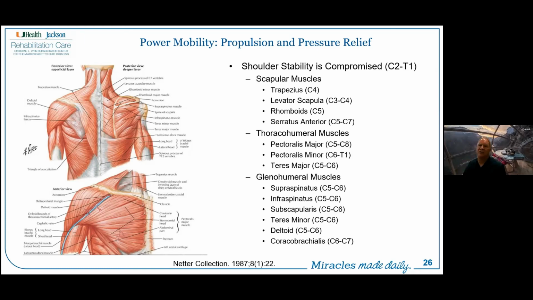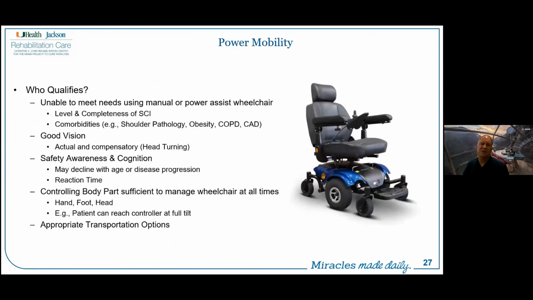They don't have full shoulder stability because of the compromise, particularly with the pecs and latissimus, as we talked through those different things. So recognize that first and foremost, persons with high para and cervical levels of injury typically are going to need a power wheelchair for mobility.